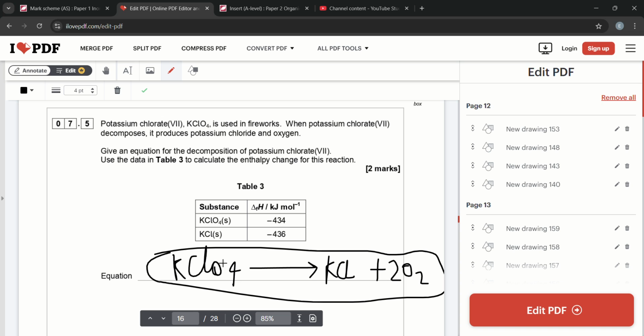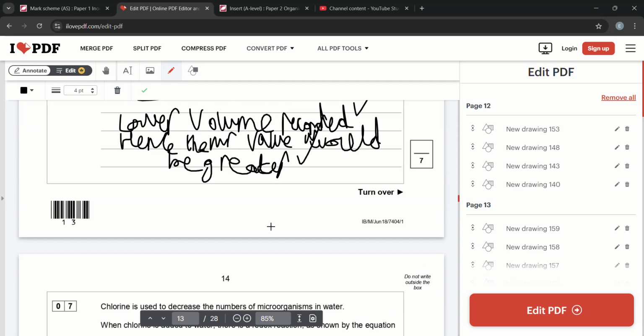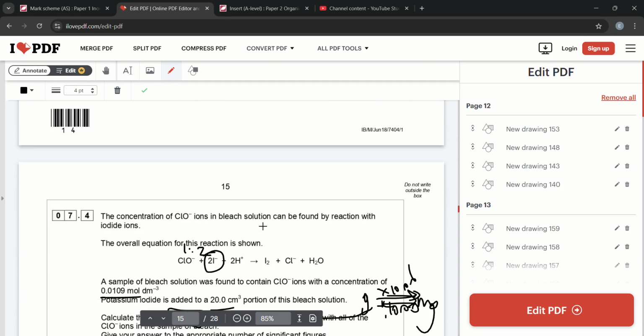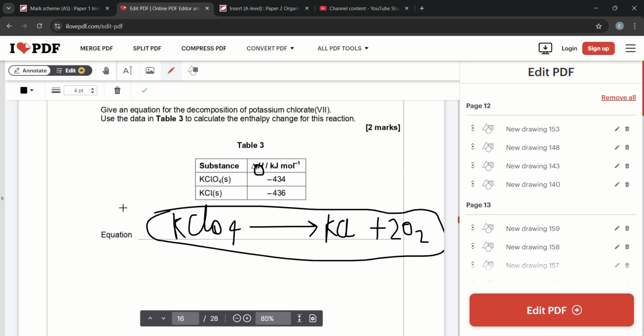And then use the data in table 3 to calculate the enthalpy change for this reaction. Now, it doesn't directly tell us whether it's formation data or not. However, you look at table 3, you have that f sign, so that tells me that's going to be enthalpy of formation data.